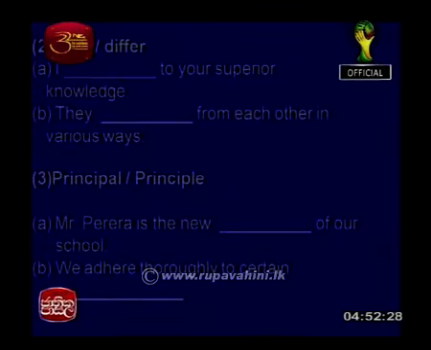Right. Will you be able to guess which differ comes to the first part? Simple. And if the first one is difficult for you, you just try the second one.